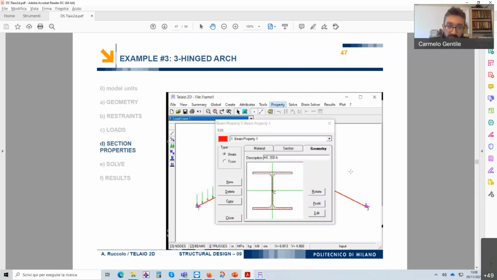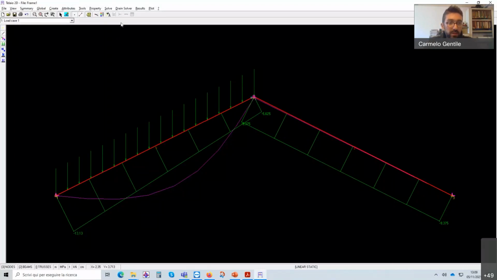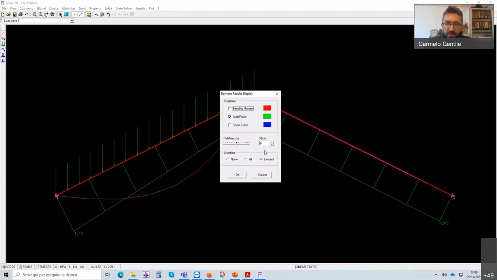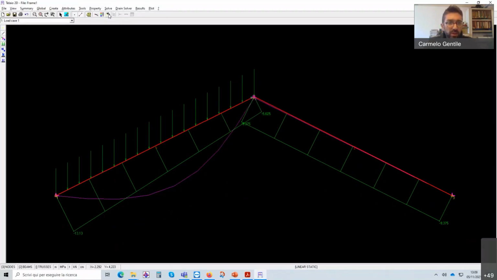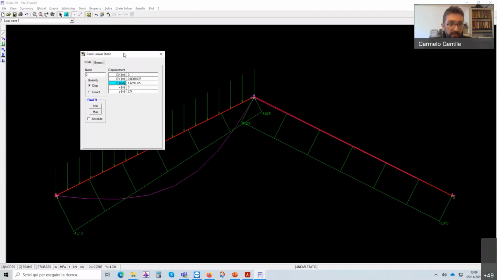Then the section properties, the definition of the material and of the section. Here the results with the bending moment. That's something I didn't show you. Or maybe yes, I showed you in another exercise.